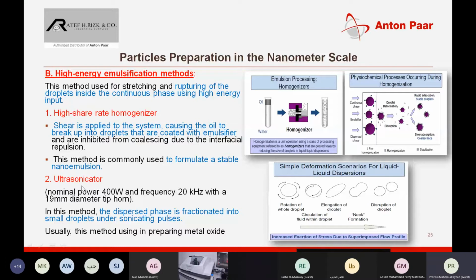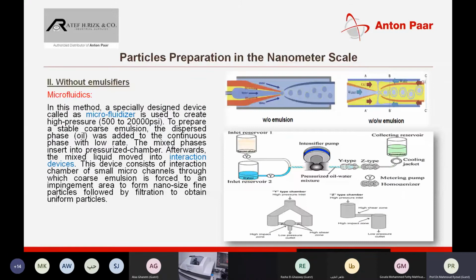The second method, for preparing a stable emulsion without emulsifier, uses the famous device called microfluidics. Microfluidics is an instrument for preparing a nanoemulsion without emulsifier.